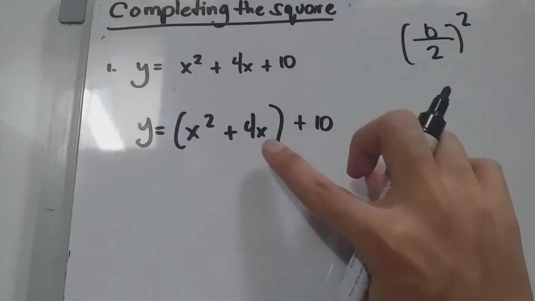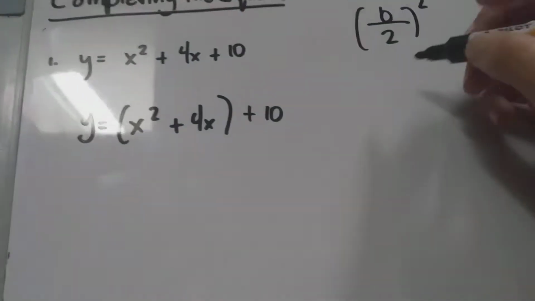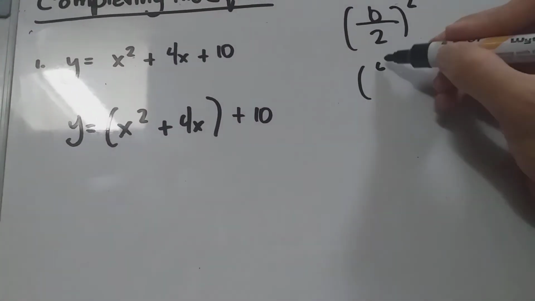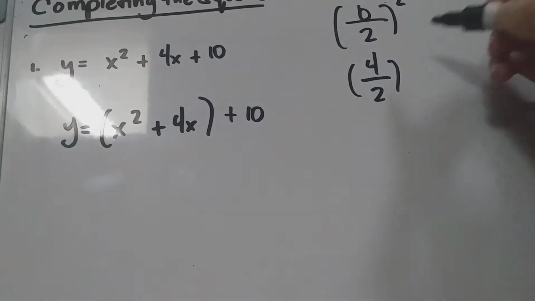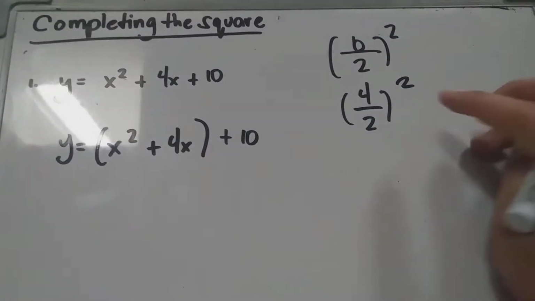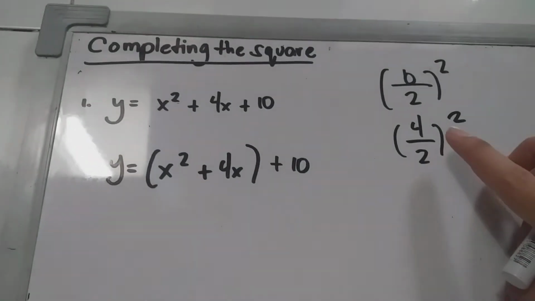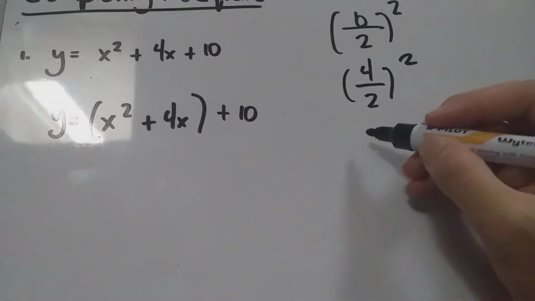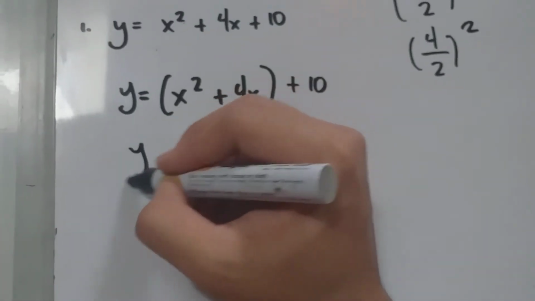So in here, the number beside the x is 4. So we get 4 over 2 squared. 4 divided by 2 is 2. 2 squared is 4.